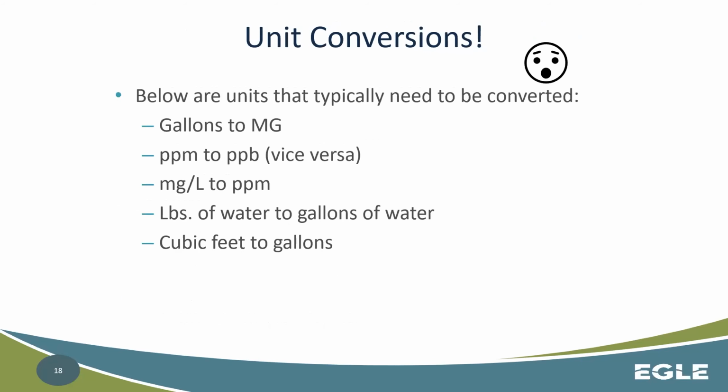Below are some of the units that typically need to be converted. That's gallons to million gallons, parts per million to parts per billion, vice versa, milligrams per liter to parts per million. All these are some conversions.